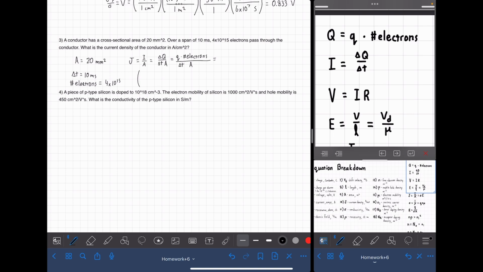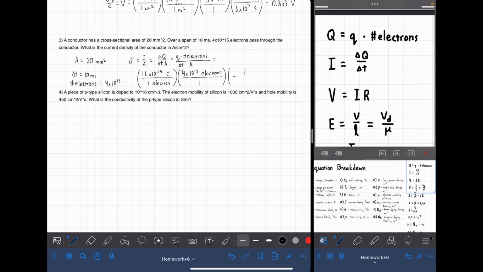So let's start with our small q. 1.6 times 10 to the negative 19 coulombs per 1 electron. And then we're multiplying by the number of electrons. So that's 4 times 10 to the 15 electrons. Those will cancel out right here. That is a simple unit. And we're dividing by time.